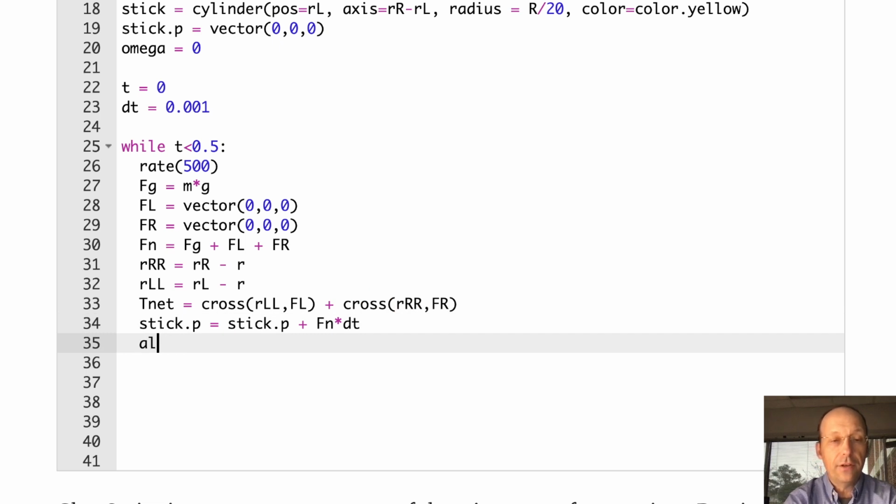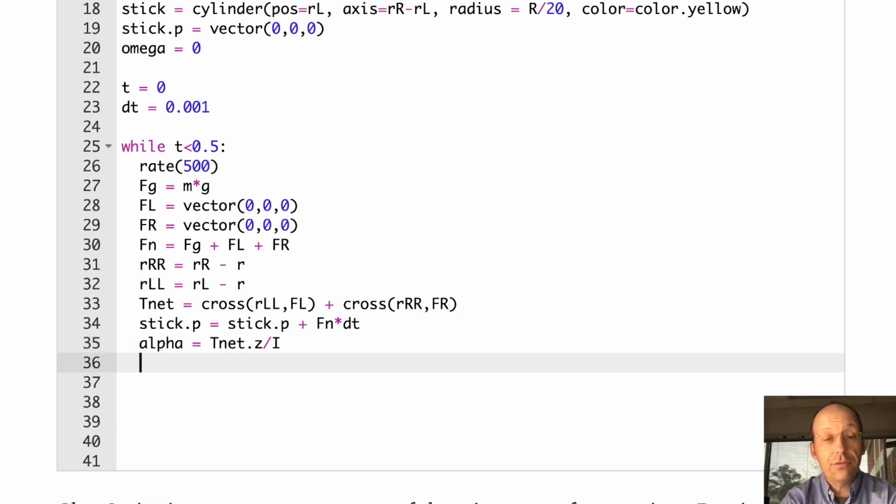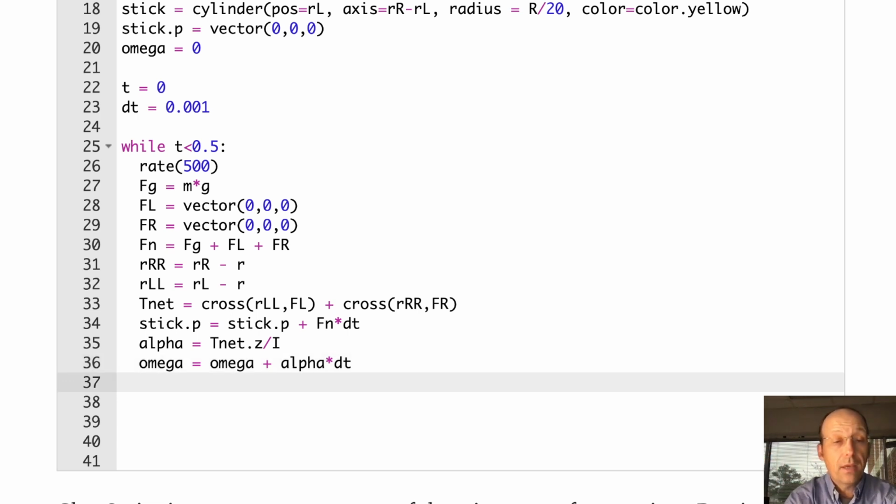So let's calculate alpha. Alpha is equal to, and I'm going to use a scalar value of this, torque net dot z divided by I. And now I can use that alpha to update the angular velocity. Omega is omega plus alpha times dt. That's exactly what I said on the paper. I'm just doing what I said on the paper.